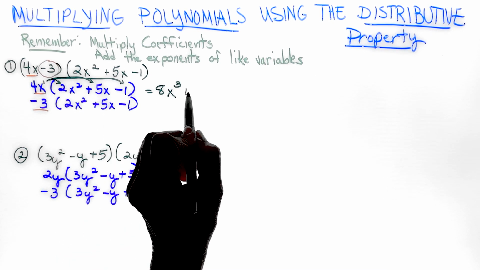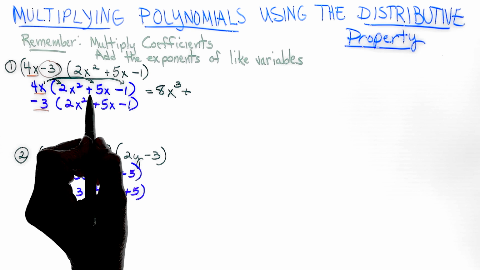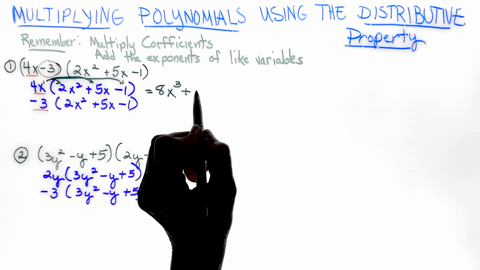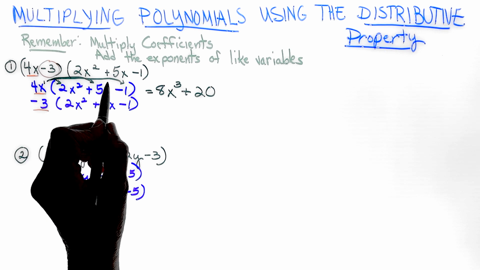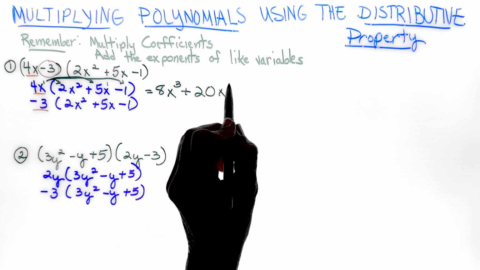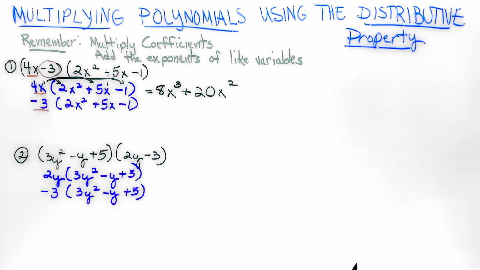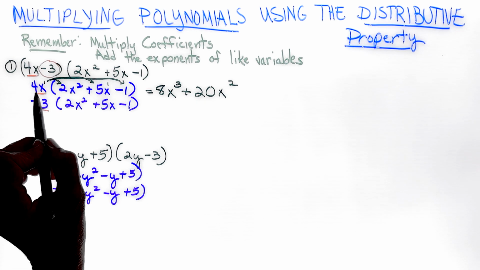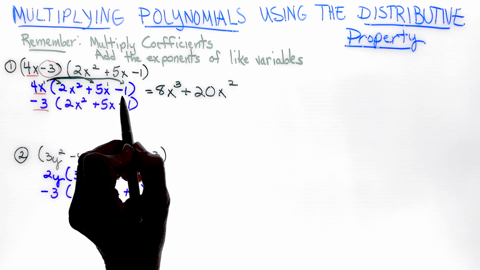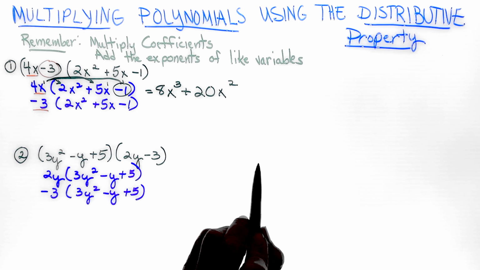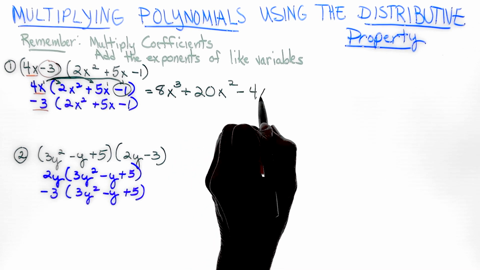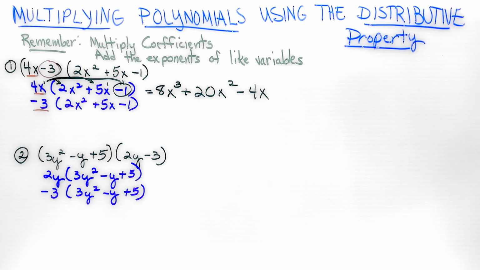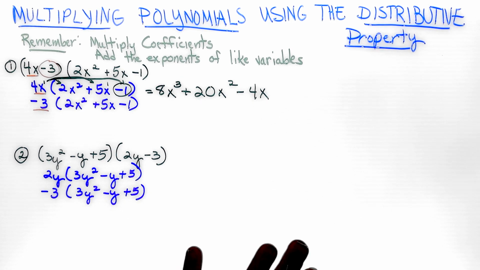Plus 20x squared: 4 times 5 is 20, and x times x, we add the exponents, it's x squared. Notice for the next one, it's 4x, and we're going to multiply by a negative 1, so it is minus 4x. That so far is part 1.